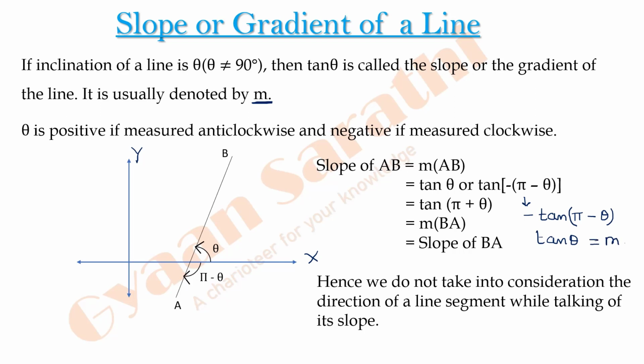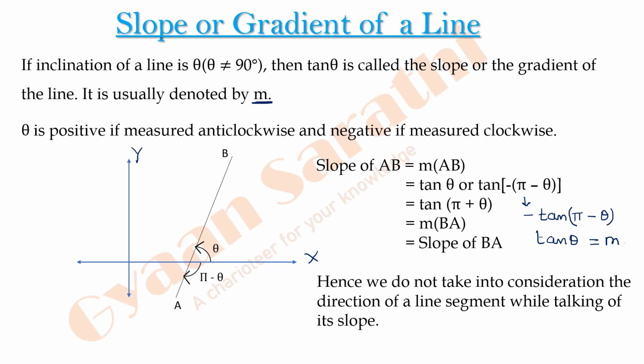So hence we conclude that when we are talking of the slope of a line, we do not take into consideration the direction of the line segment. Okay, so whether we measure the slope in the anti-clockwise sense or the clockwise sense does not matter, the slope comes out to be the same.